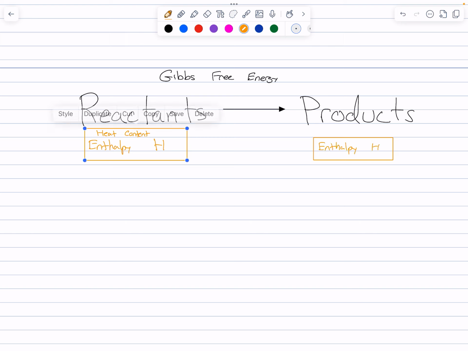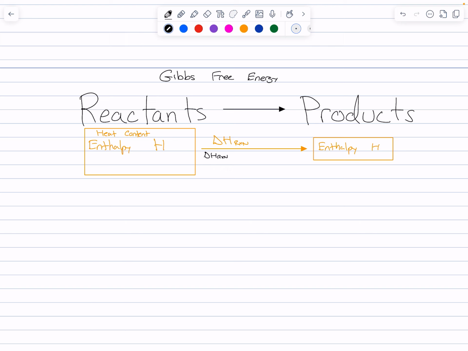It depends on how much; we could have a lot, we could have a little. And delta H then becomes delta H of the reaction.